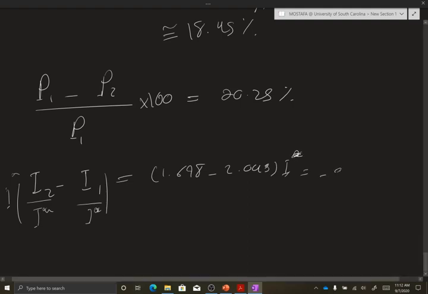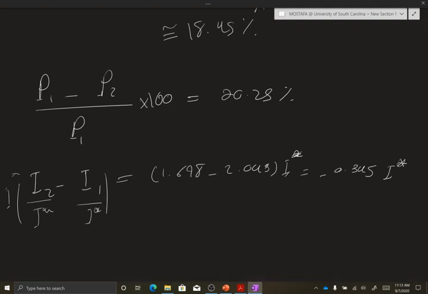So we're gonna lose some impulse, so this is going to be negative 0.345 multiplied by I star. Okay, and that's it. That's it for this problem.